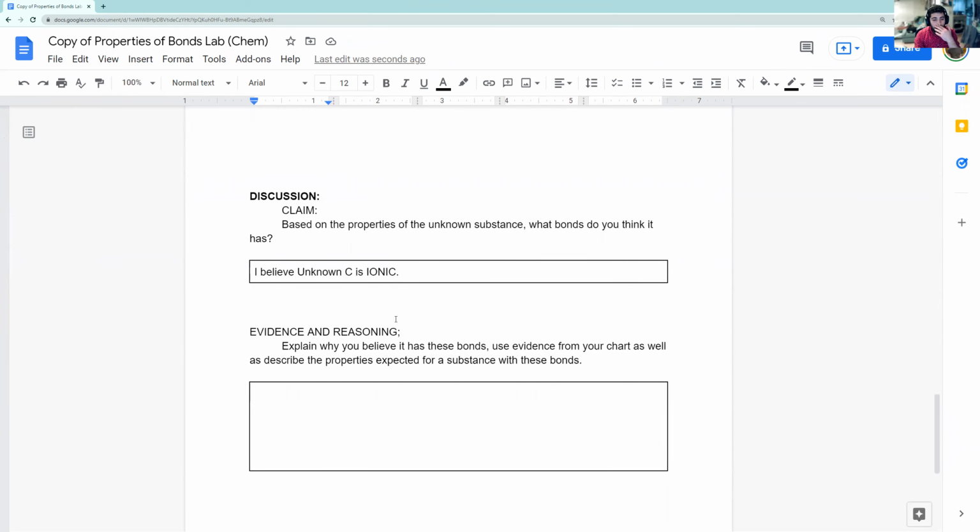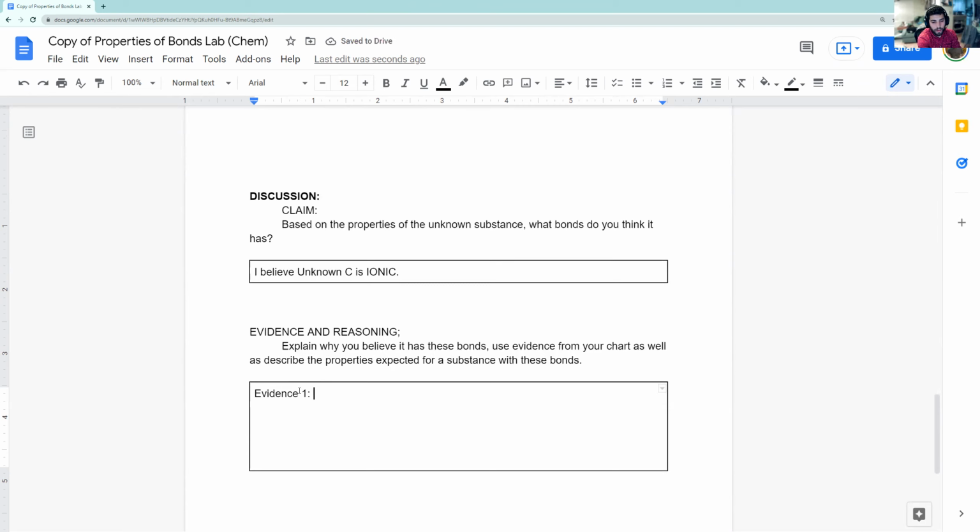As for the evidence and reasoning, this is where you take each piece of evidence and relate it back to the claim. I can just separate this out pretty easily. You can write it as a paragraph, and that's great. If it's hard for you to do that, then I'm just going to write it as evidence one.